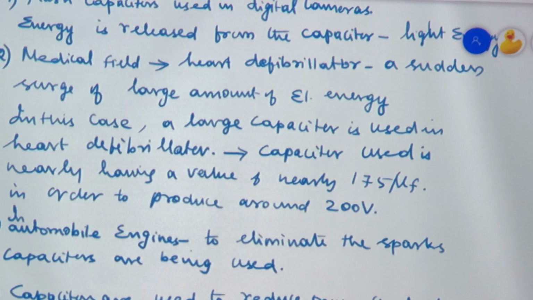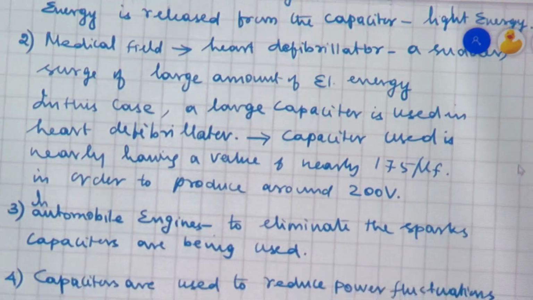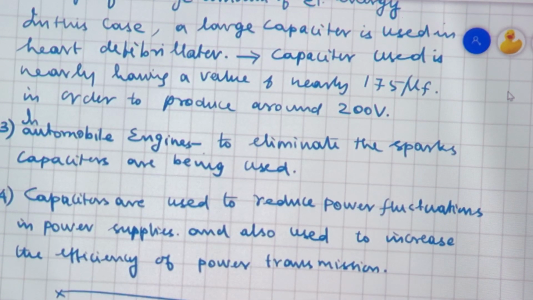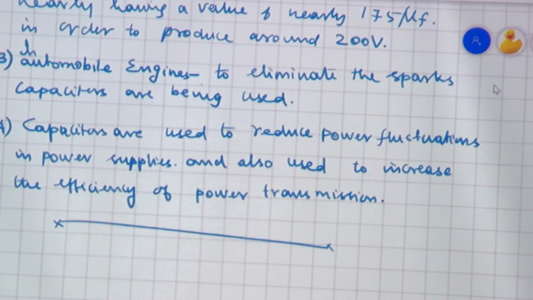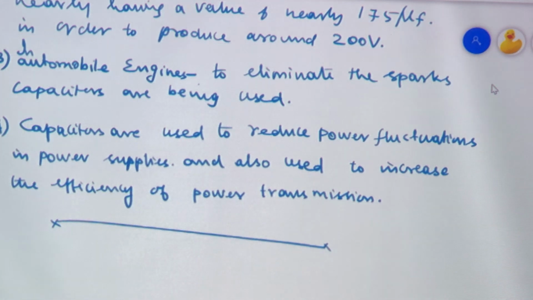Similarly, in the automobile section, in order to avoid sparks in the engines and the firing of engines, we use capacitors to eliminate the sparks produced around the engine. And finally, these capacitors are used to reduce power fluctuations in power supplies and also to increase the efficiency of power transmission.